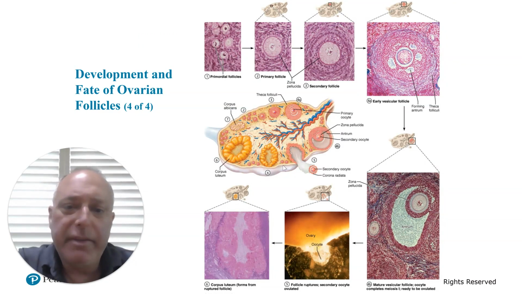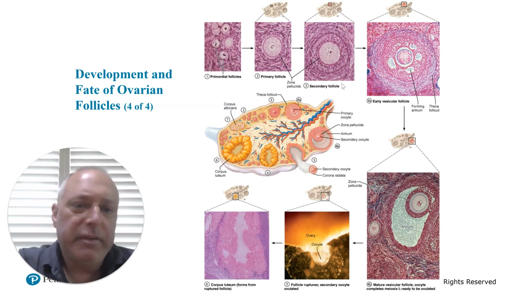Okay, let's look more at the ovary. The ovary has a number of follicles in it at different stages. And so there's a primordial follicle. This is the primitive follicle. Develops into a primary follicle, into a secondary. And then this follicle will enter a vesicular phase and a luteal phase.